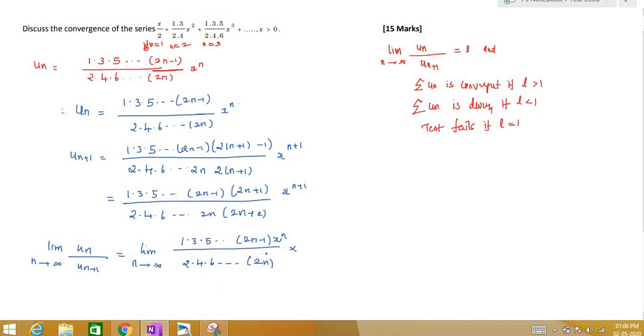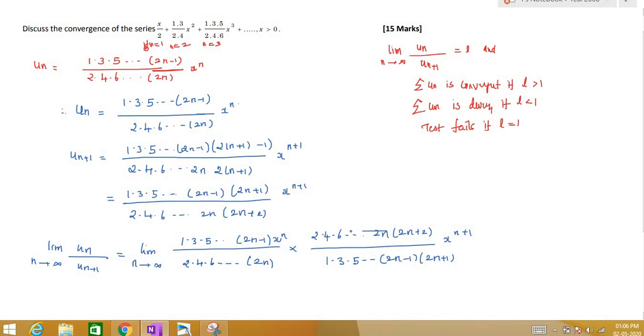If I bring that to the numerator, this term will be reversed, right? So this will be 2 into 4 into 6 up to 2n into 2n plus 2 divided by 1 into 3 into 5 up to 2n minus 1 into 2n plus 1 x power n plus 1.